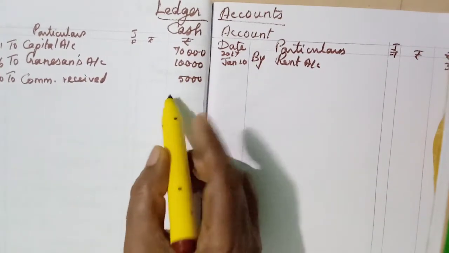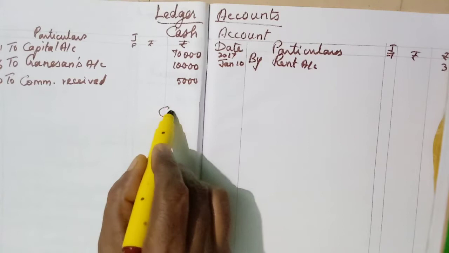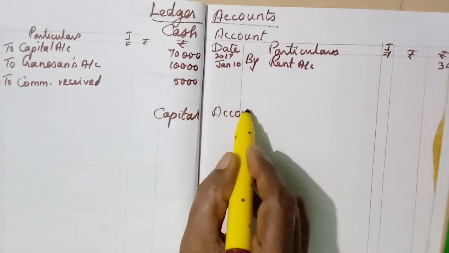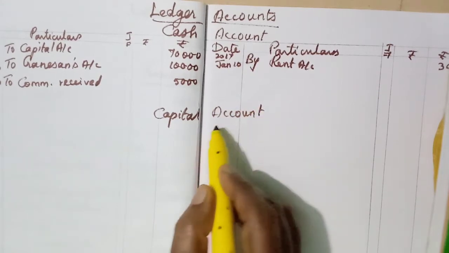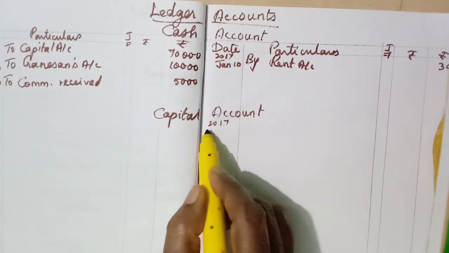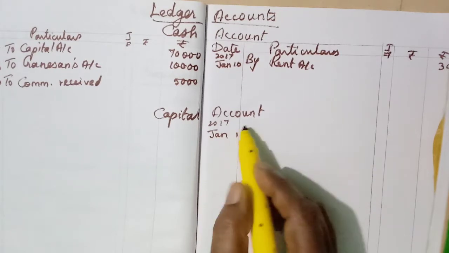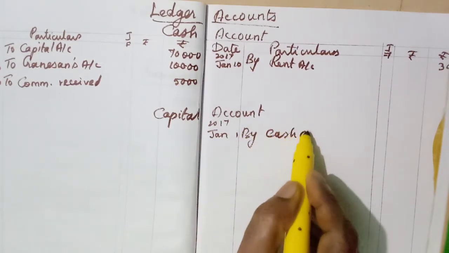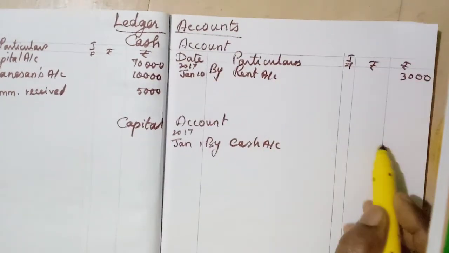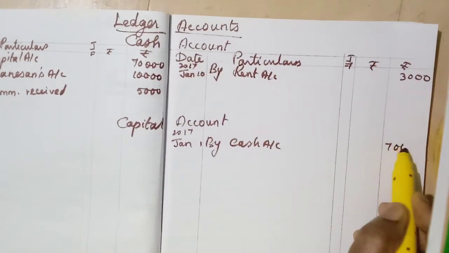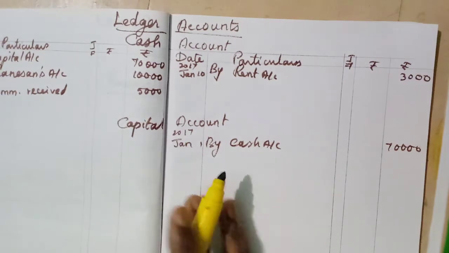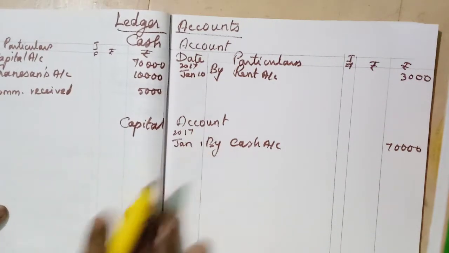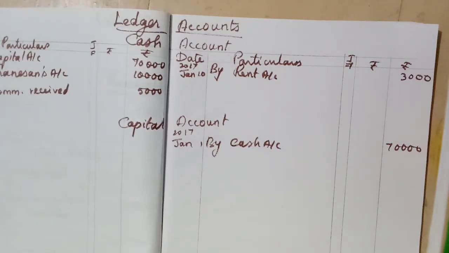Okay. Next account, capital account. Capital account, only one item will be coming this side, isn't it? 2017, January 1. Capital is credited. So, by cash account. 70,000. Okay. Then after cash account and capital account, the next journal entry is what?